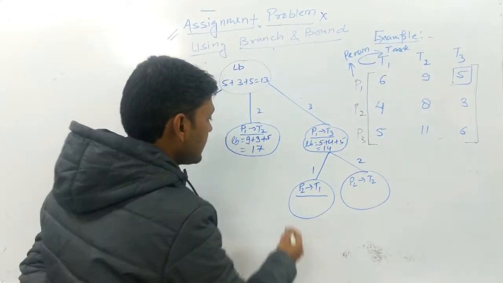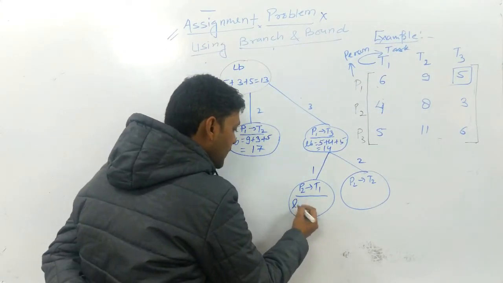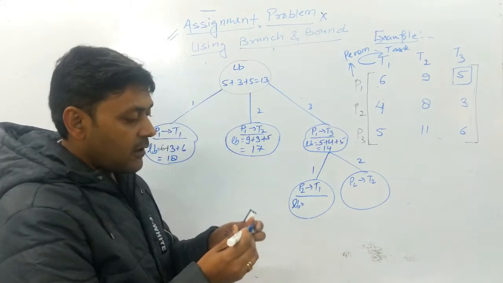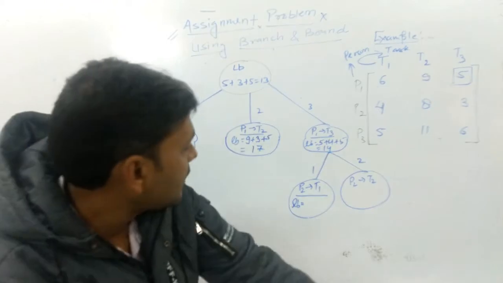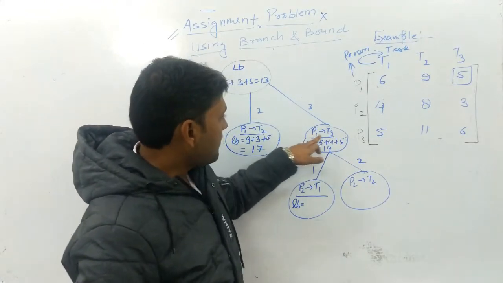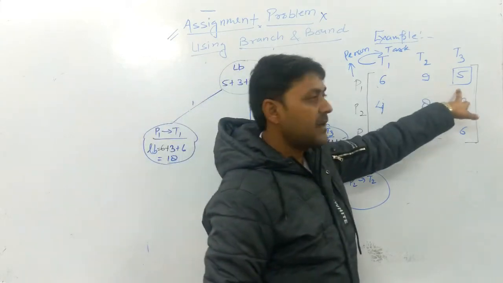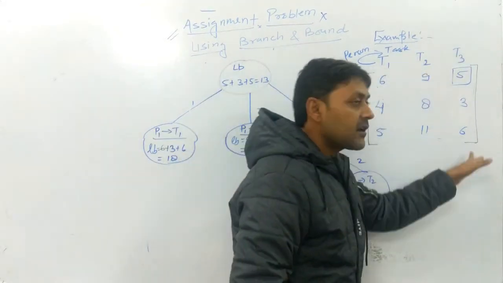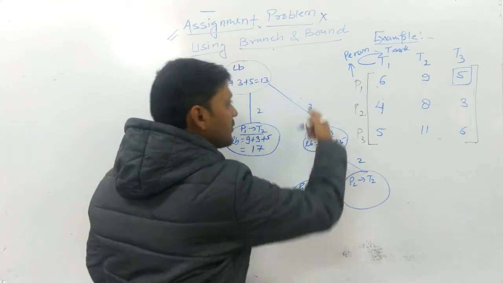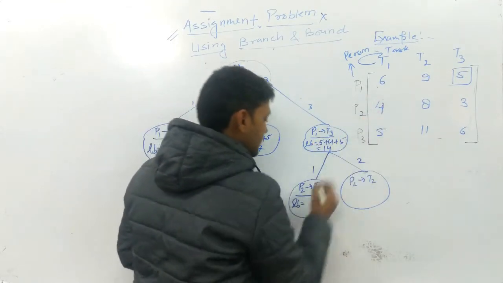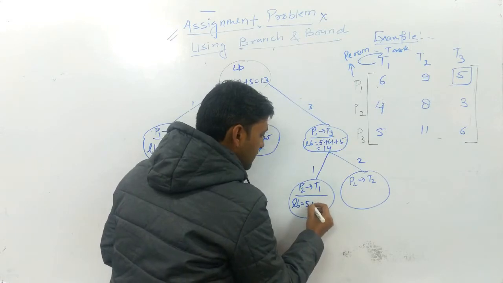So here we will discuss the lower bound value. If you want to check the lower bound value, then here P1 performs T3, that means T3 is fixed, so the first row and third column are already blocked. Then you have to write the value. This is performed by T3, this is 5, 5 plus.